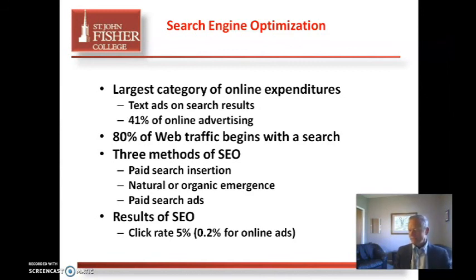Paid search insertions are when you search shoes, for instance, on Google. You'll see these ads that first come up, and it'll say ads. Those are paid insertions. It's paid search ads: you pay Google for your website to come up first. And then natural or organic emergence is just using as many keywords as you possibly can.